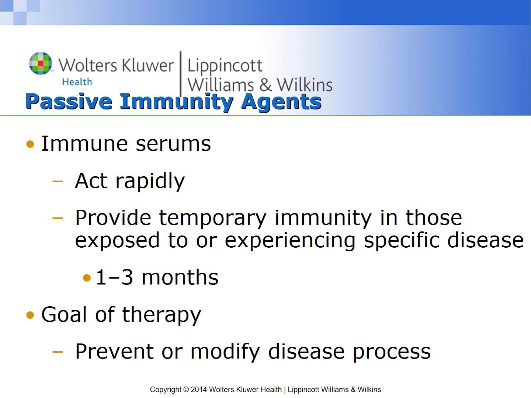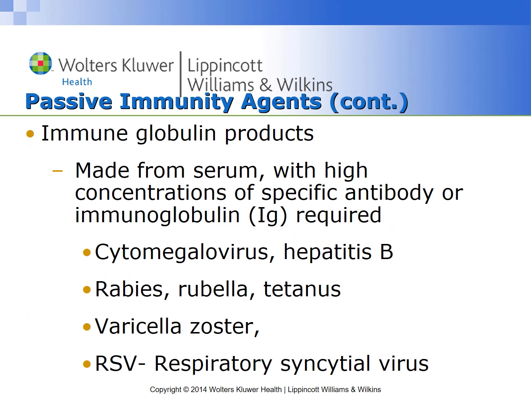So that's how they're made. And this is a very expensive treatment, very expensive treatment. But the whole goal of therapy is to prevent or modify the disease process. So we refer to those as immunoglobulin products.